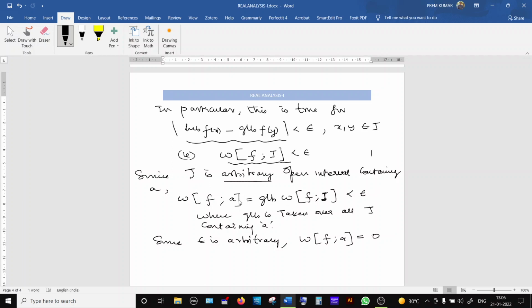Therefore, the only possibility is that this oscillation must be equal to 0. So, hence the proof of 1. So 1 is proved.